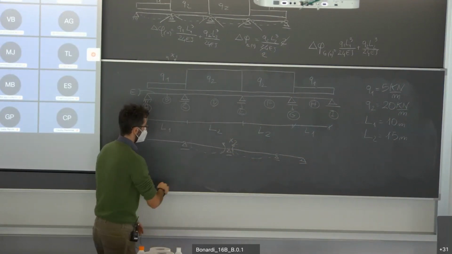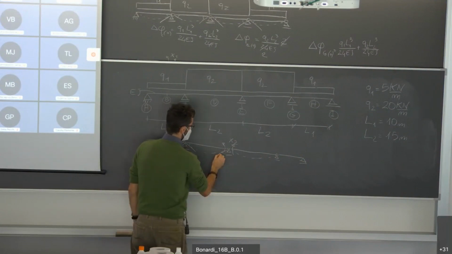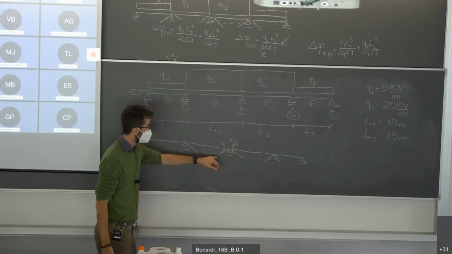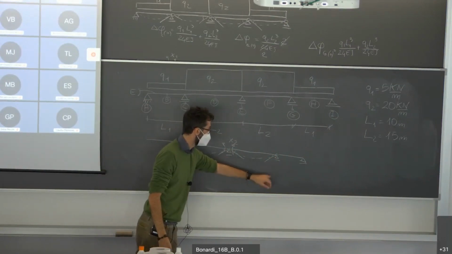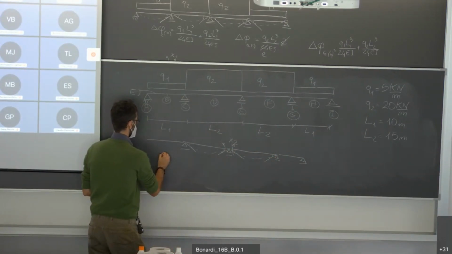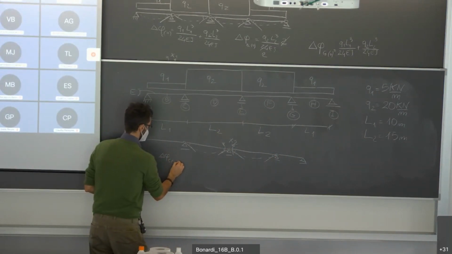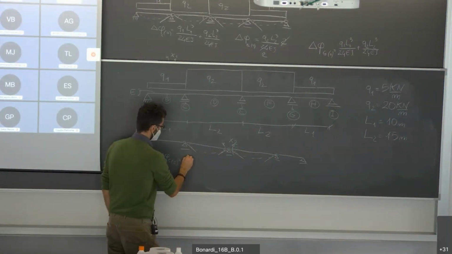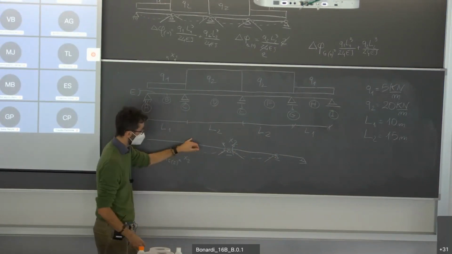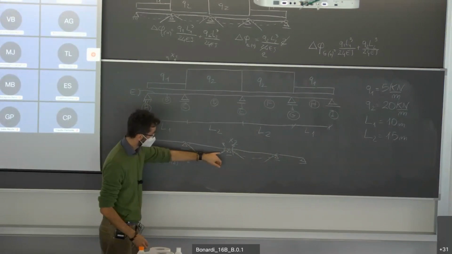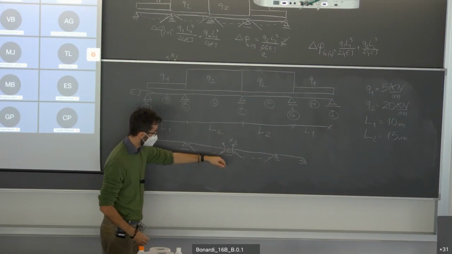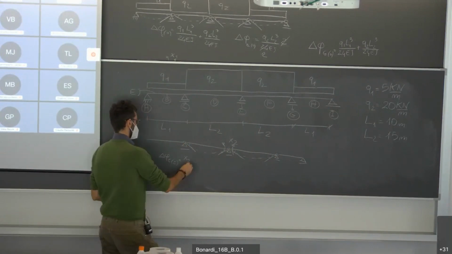In this case, we have rotation both on the node where x2 is applied, and both in node C and in node G. Delta phi C2 is equal to x2, because it is the rotation in a simply supported beam in the opposite node where a bending moment is applied.